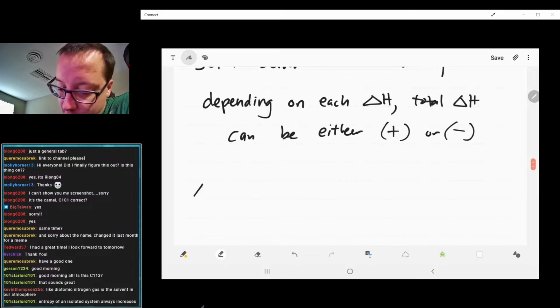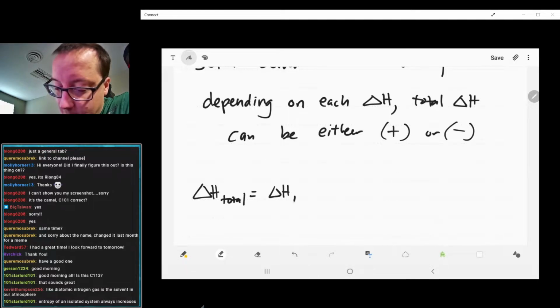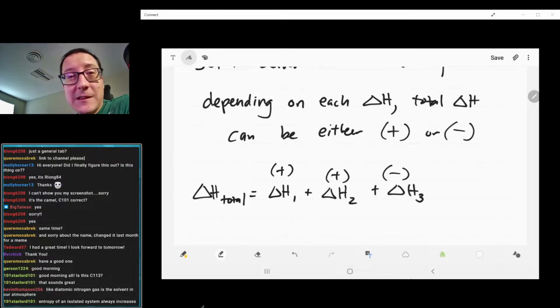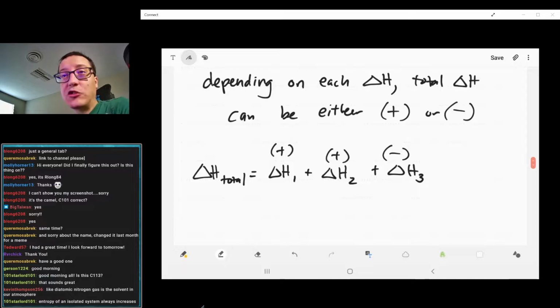Remember that the total delta H is going to be just the sum of all of them, right? And if we think that's positive, that's negative. It just depends how big they are. And so they're going to be big or small depending on what your solute and solvent are. And so your total delta H could be plus or minus. So you will get solution formings that will be exothermic or endothermic.